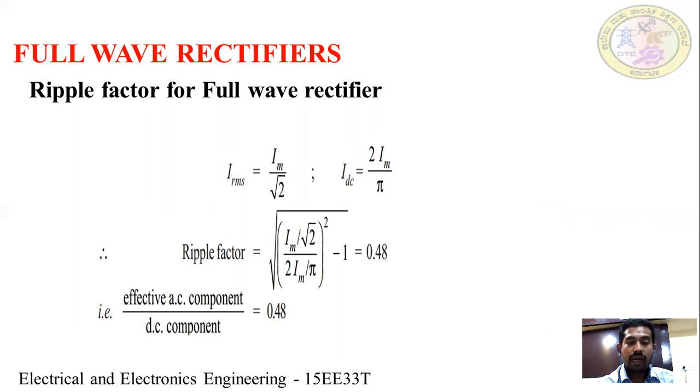Here IRMS is equal to Im by root 2, and IDC is equal to 2Im by pi for full wave rectifier. If you substitute these values, that is Im by root 2 divided by 2Im by pi, minus 1, which is equal to 0.48, it gives the ripple factor of full wave rectifier, that is 0.48.